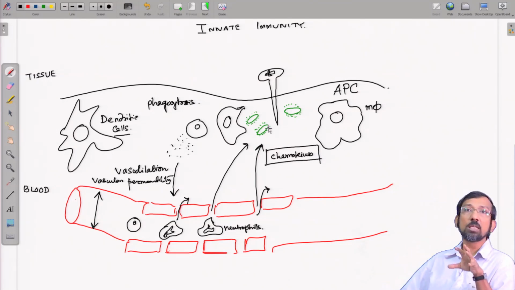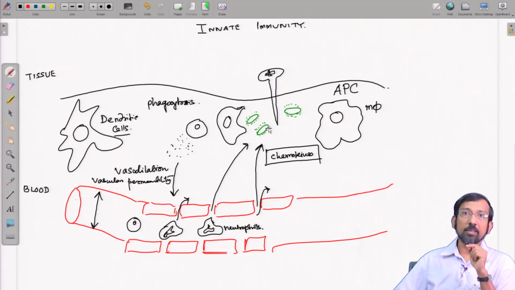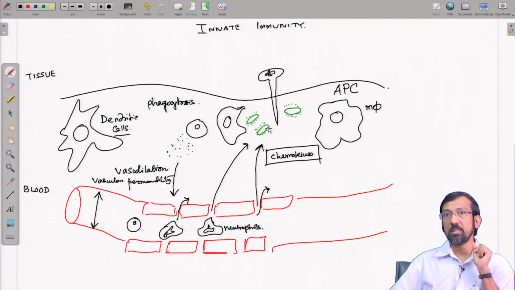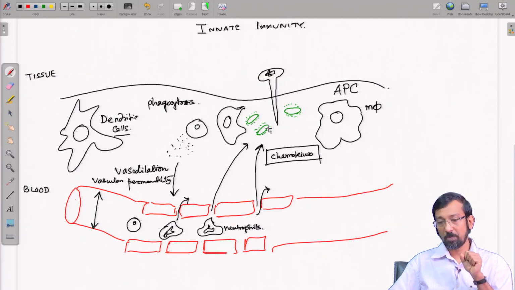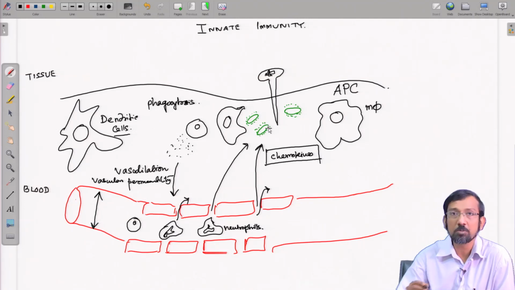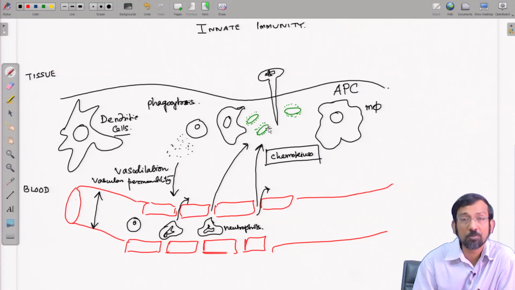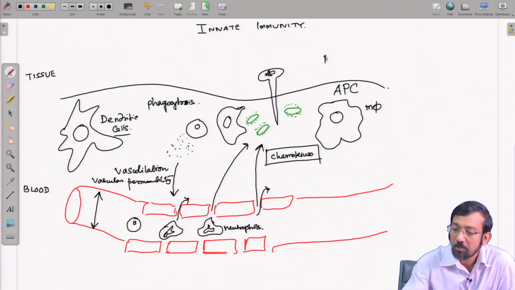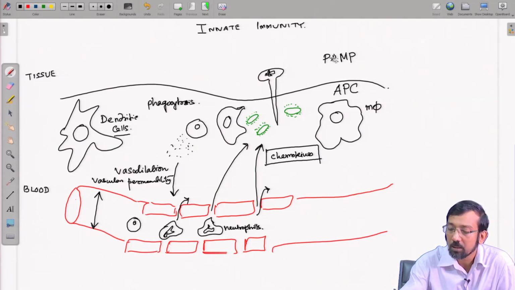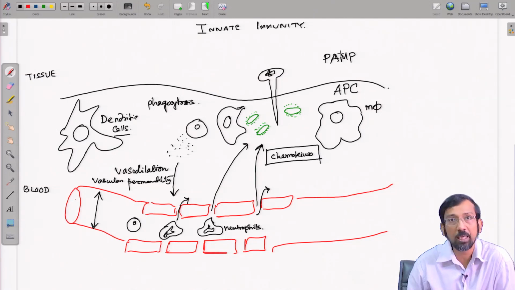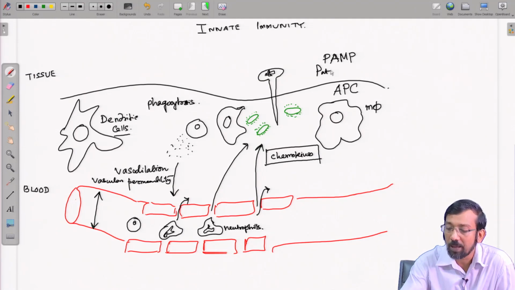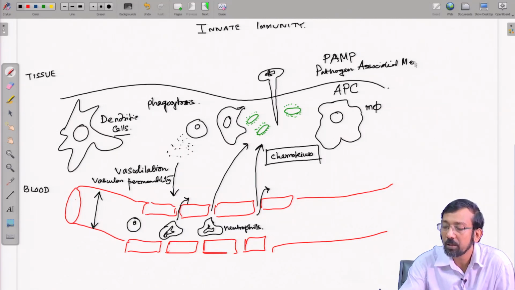Now, how do the cells of the immune system actually recognize these bacteria or the foreign pathogens? There is a specific feature on the surface of the bacteria which we describe as PAMP, which is also known as pathogen associated membrane patterns.